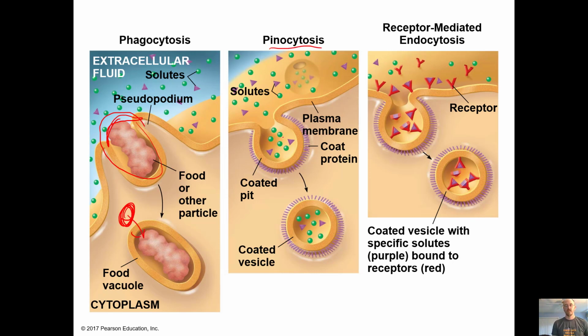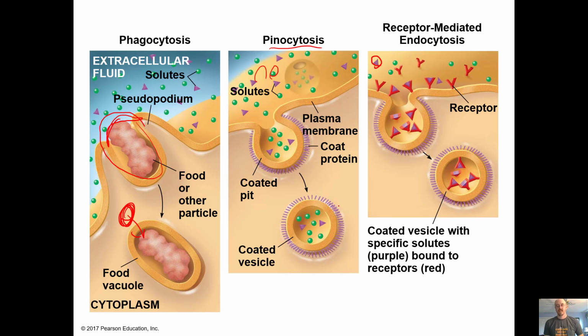Pinocytosis takes place when, once again, lots of liquid with dissolved substances is just pinched off and brought into the cell. And lastly, receptor-mediated endocytosis takes place when there is some kind of ligand or substance here, like these triangles, that bind to these receptors and cause a vesicle to form and pinch off containing that substance.